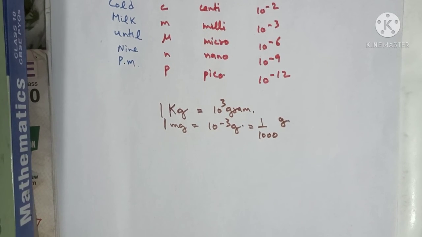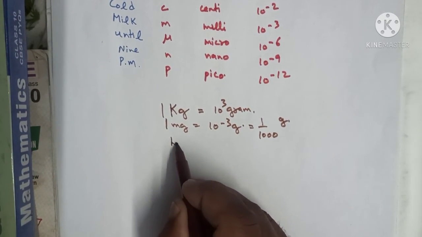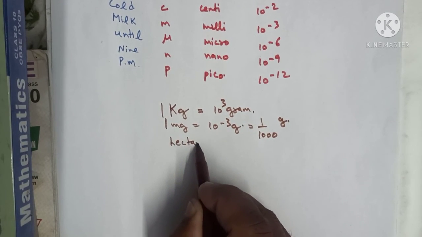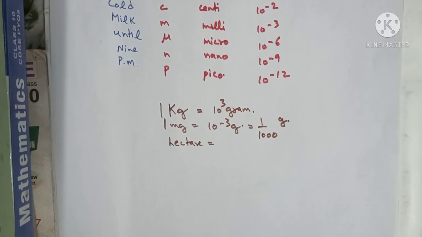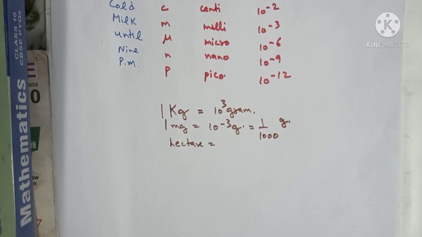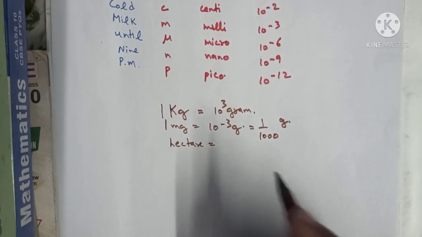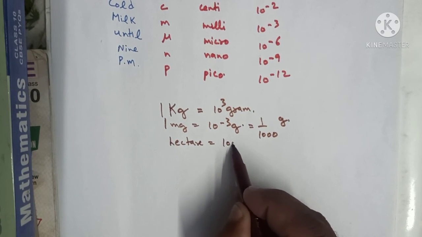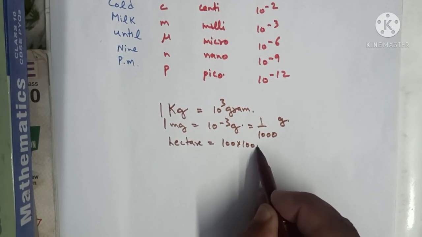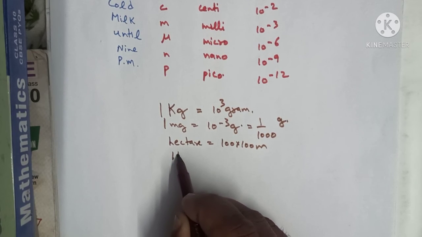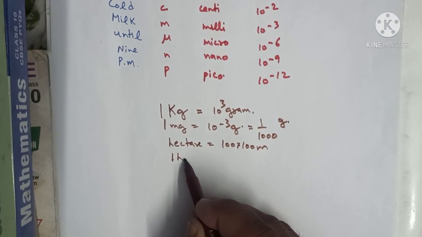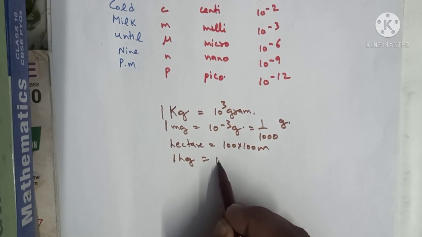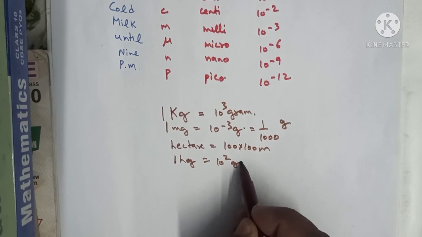If I take the unit of area, 1 hectare is equal to 100 into 100 meters. Hecto is 10 to the power 2. Hectogram is equal to 10 to the power 2 grams.